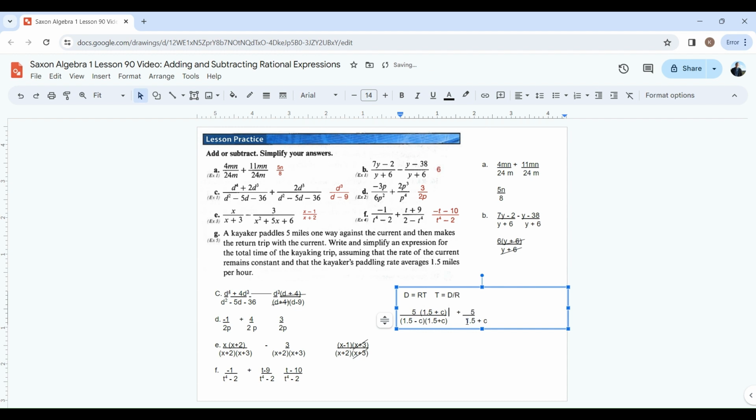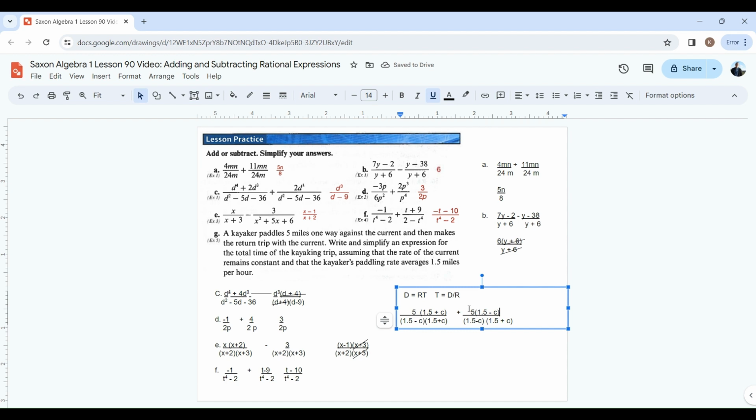In the denominator, I have 1.5 plus c, since I'm going with the current in the second fraction. I need to multiply that by 1.5 minus c. But in order to multiply by 1.5 minus c on the bottom, I also have to multiply by 1.5 minus c on the top. And this is going to be my expression.